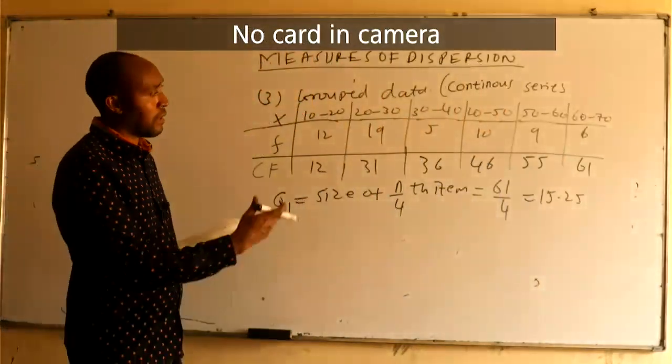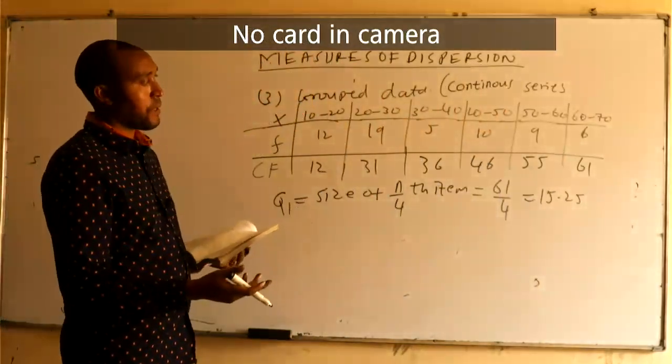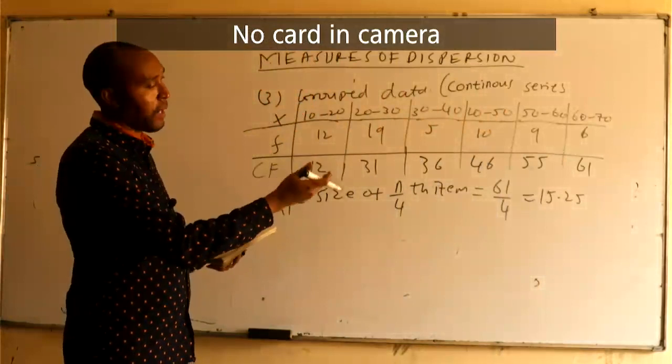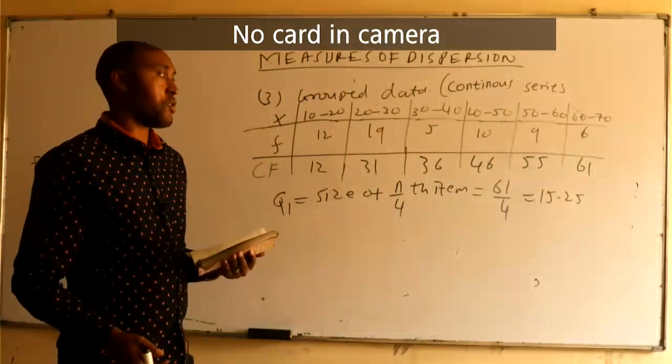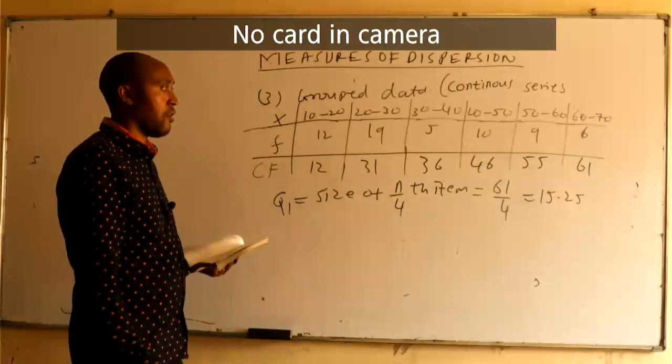If I add 1, it still gives a decimal point, so I do not see the need for adding 1.